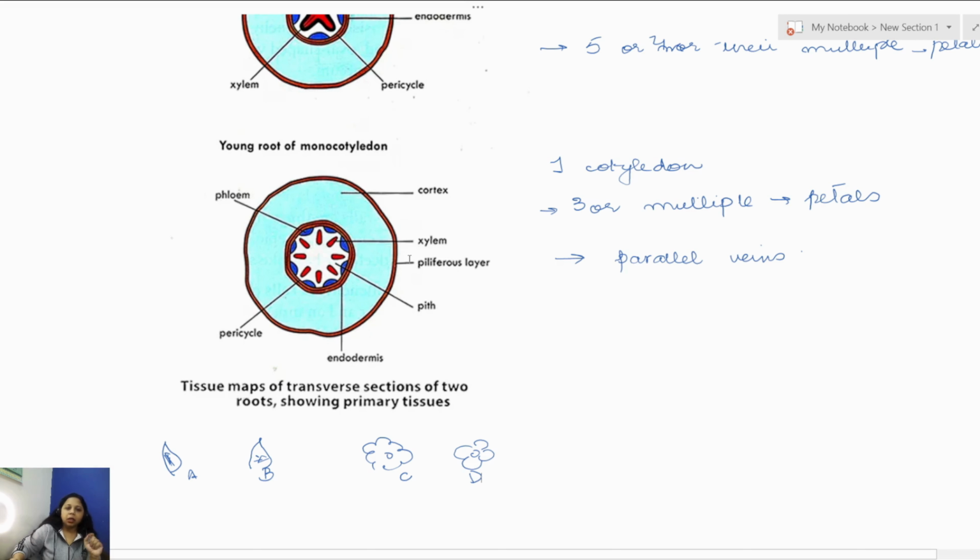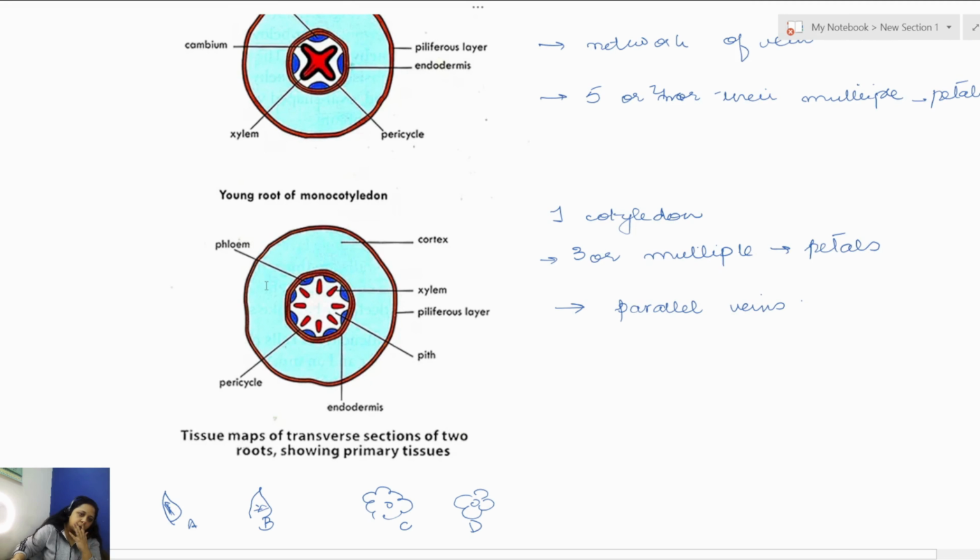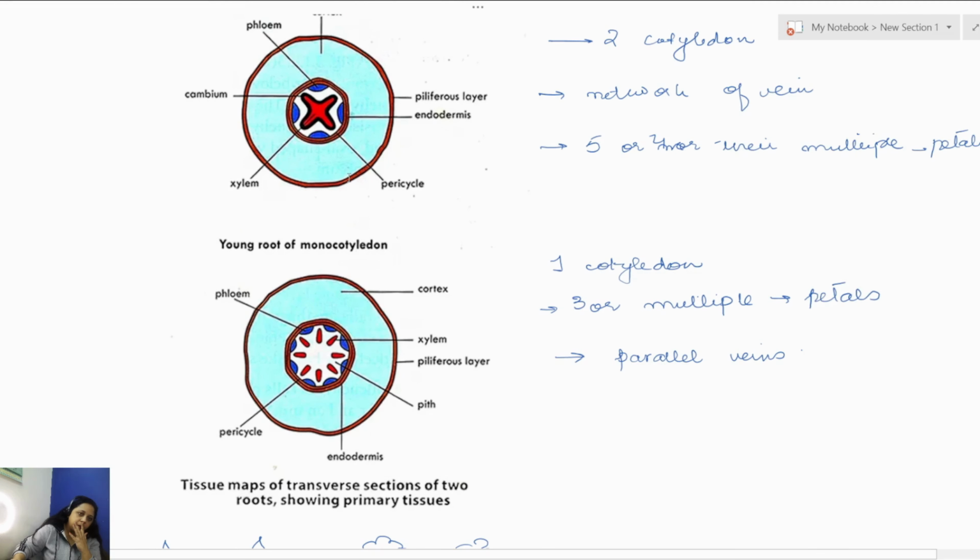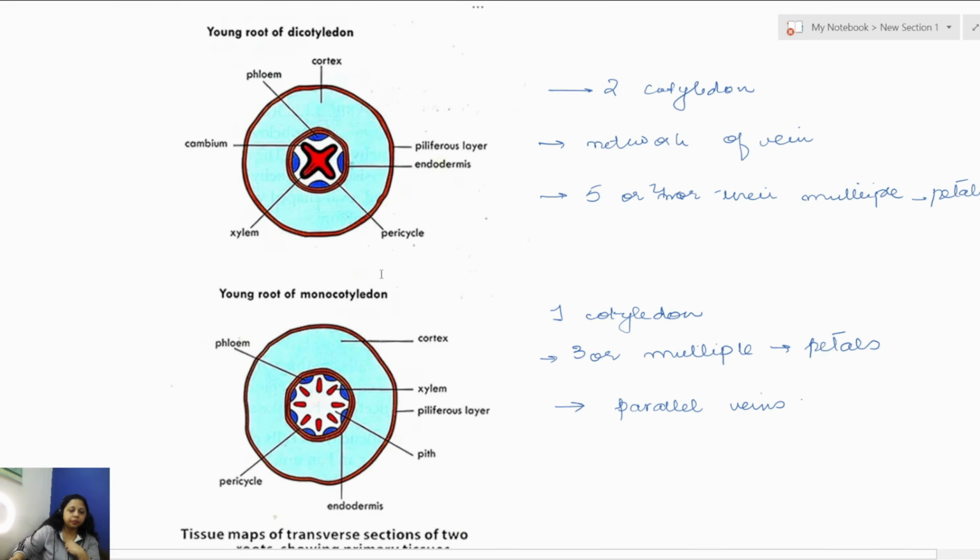This diagram you must know. One is related to dicotyledon, the other is related to monocotyledon. Here in root, no, we don't have to memorize this word. We just have to memorize the position of xylem and phloem, only the position.